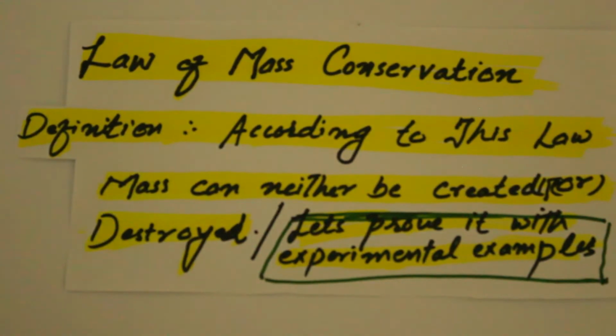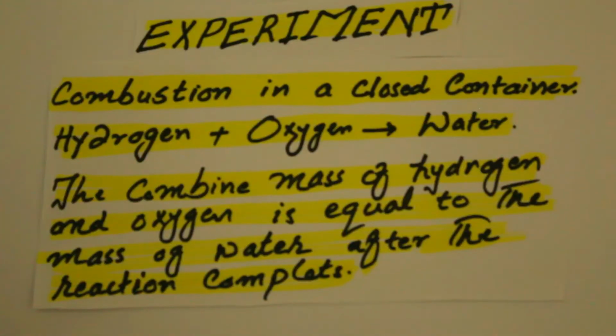Now, to verify this law, or to check the validity of this law, let's do some cool experiments. To verify the law of mass conservation, we do a very cool and interesting experiment.